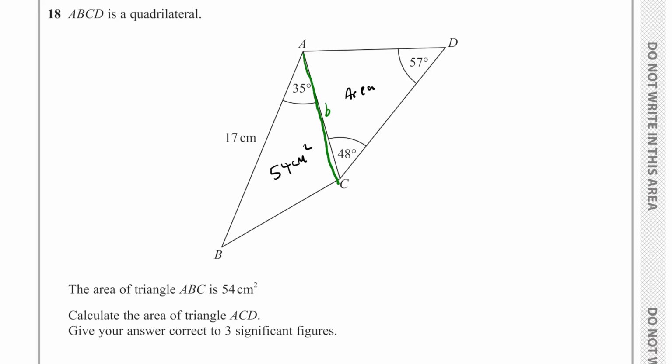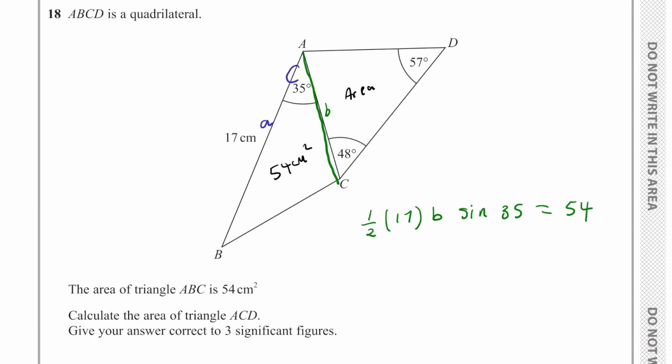C is the angle, and the other two, the two next to it, little a and little b, in any order. So it's half times 17 times b sine 35 equals 54.